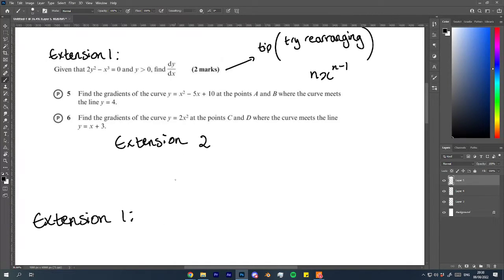Okay, first I'm going to rearrange this so it's just y. So it just ends up as 2y squared minus x cubed equals 0.